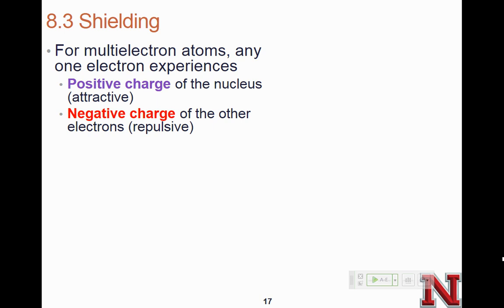Now how much positive charge is dependent on where it is in the energy levels, what orbital it's in, and negative charge from other electrons, and we call that repulsion. So we have this electron-electron repulsion, and each atom has some balance between the electron-electron repulsion and the positive charge attraction from the nucleus. It must, otherwise no atoms would exist if we didn't have some balance between them.